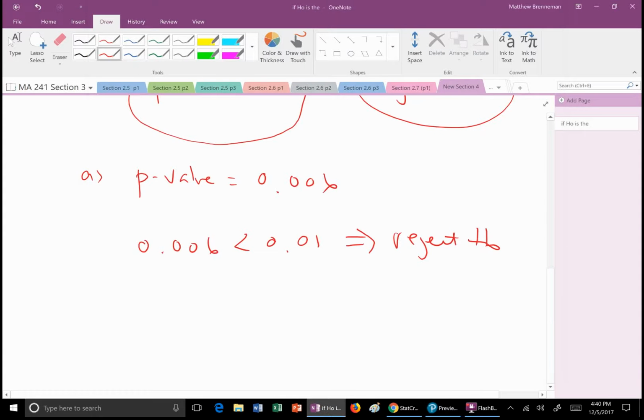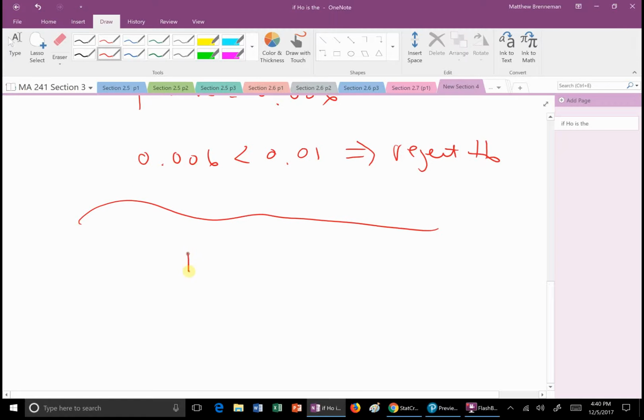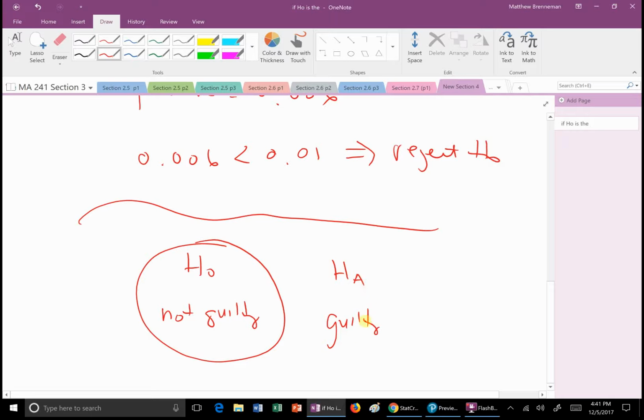If you go back to the courtroom analogy that I was talking about, the null is basically what we come in believing, or we could say not guilty. What you're trying to prove is the prosecution. This is the status quo, meaning that if the prosecution doesn't present any evidence, this is what we believe.